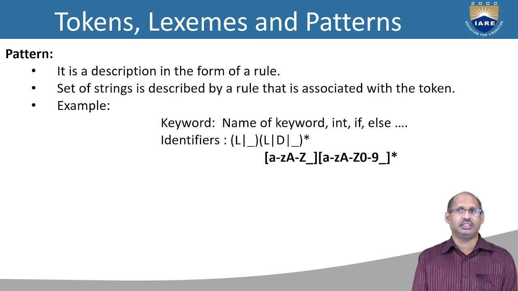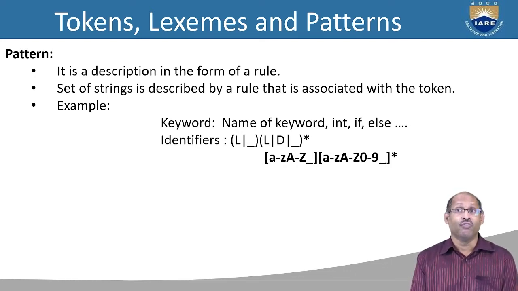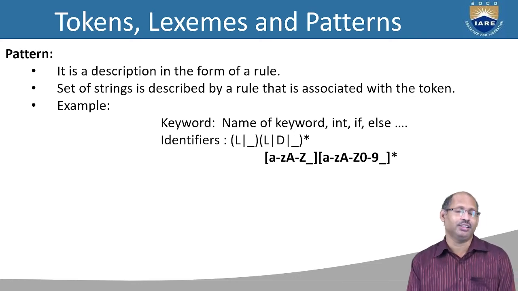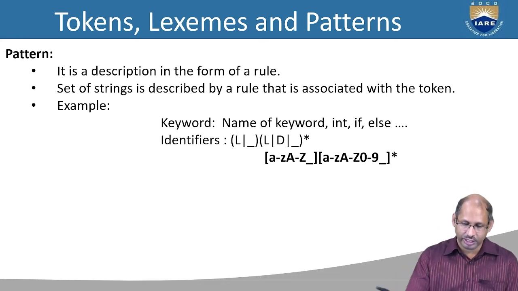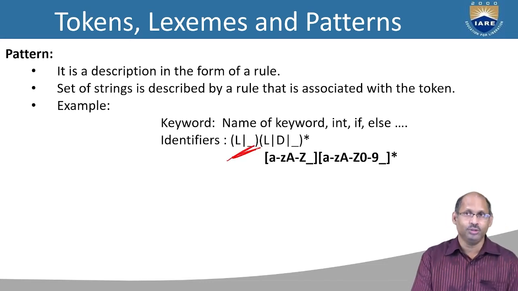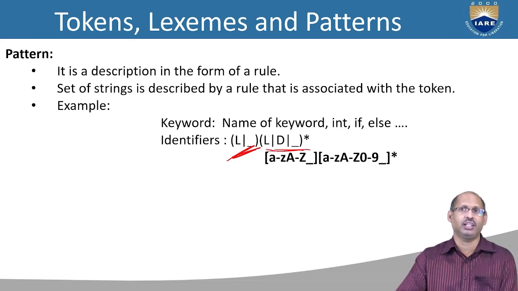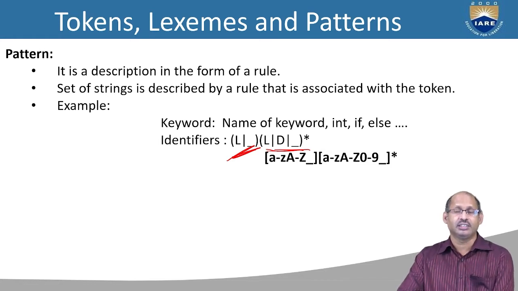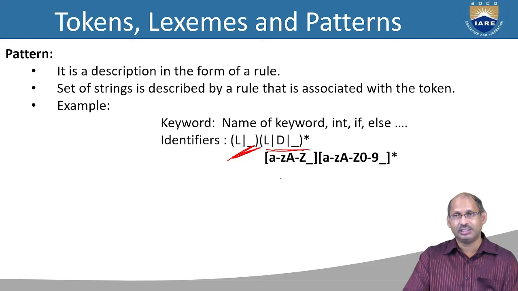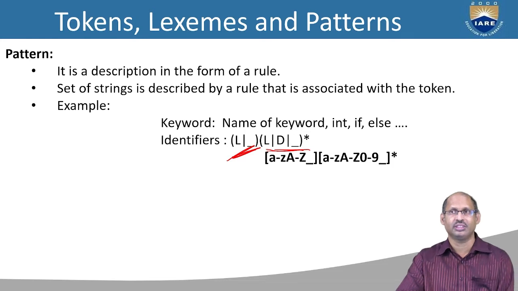Identifiers may be defined as a letter or underscore, followed by any number of letters, digits, or underscores. Here a letter is represented as capital or small letters, and the digits are represented as 0 to 9.